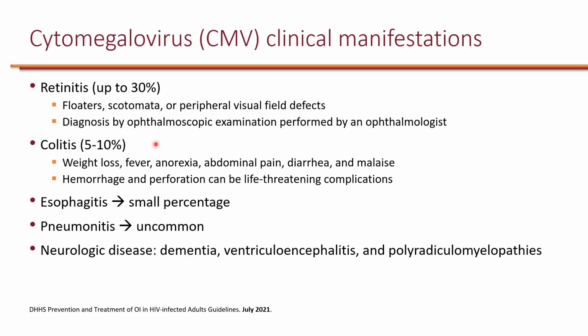And diagnosis is done by an ophthalmologist through eye examination. Patients with CMV colitis experience weight loss, fever, anorexia, abdominal pain, diarrhea, and malaise. And it can be severe if it causes hemorrhage and perforation, which can be life-threatening in patients.